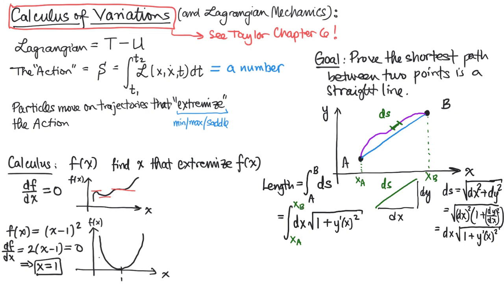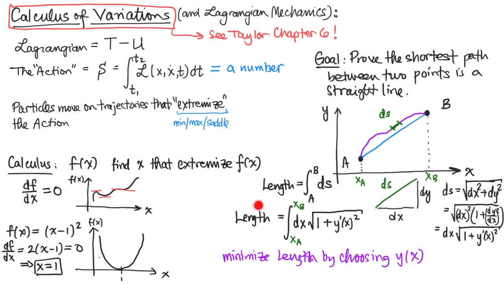So here we have this quantity we'll call length, and our goal is to find the minimum length. So minimize length by choosing a path y of x such that when you integrate this quantity, which depends on that path, you get the minimum value. This structure is exactly the same as the action structure.